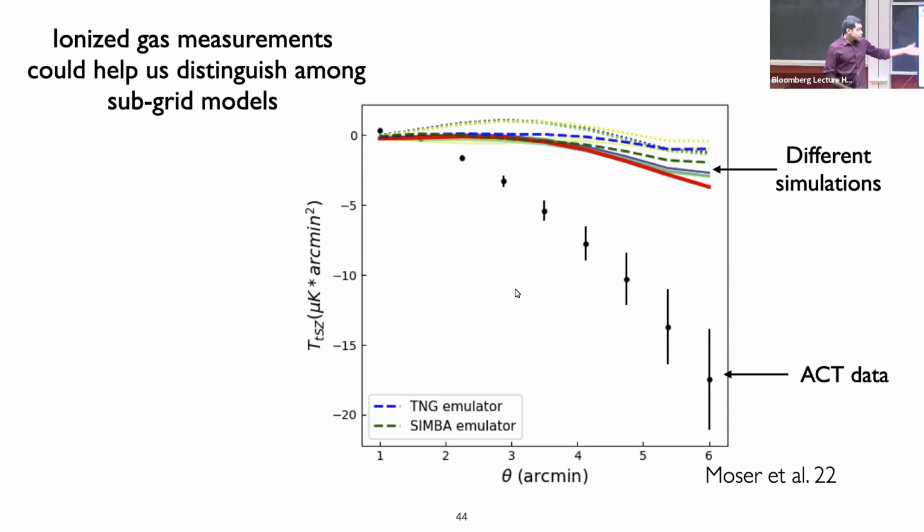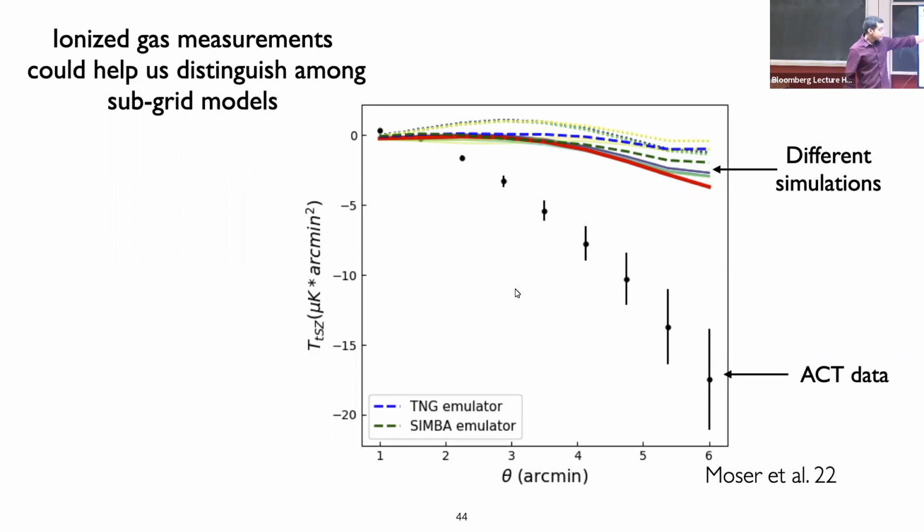Here I've shown one of the interesting plots from one of the recent papers, where people saw that different simulations, like IllustrisTNG or the CAMELS simulation that I talked about, fit very well at small scales where we already had observations of gas.